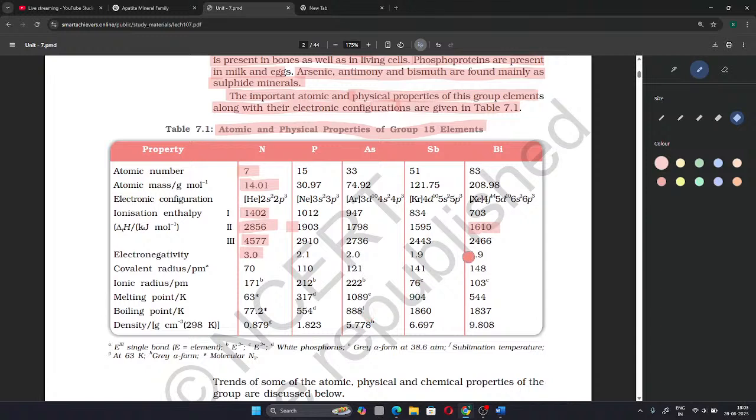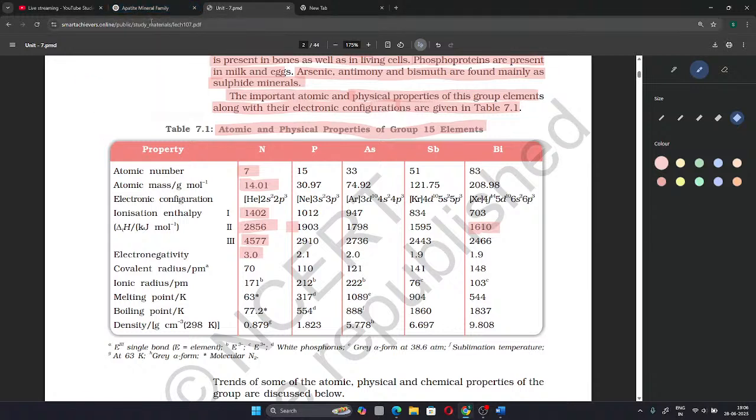Ionic radius, with nitrogen having the highest ionic radius and antimony having the lowest, followed by bismuth. What is the difference between ionic radius and covalent radius? I know that covalent radius is bond length.